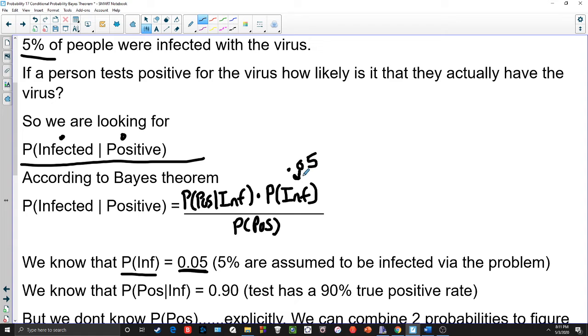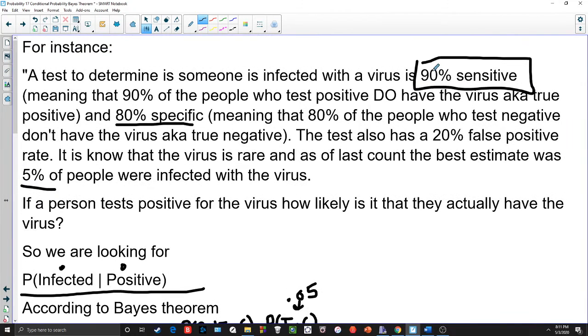We also know that the chance that we test positive given that we're infected is 90%, because that's where the 90% true positive rate comes into play. Remember, it says up top here that it's 90% sensitive, which is just a fancy way of saying 90% is the probability of a positive test given that you're infected.